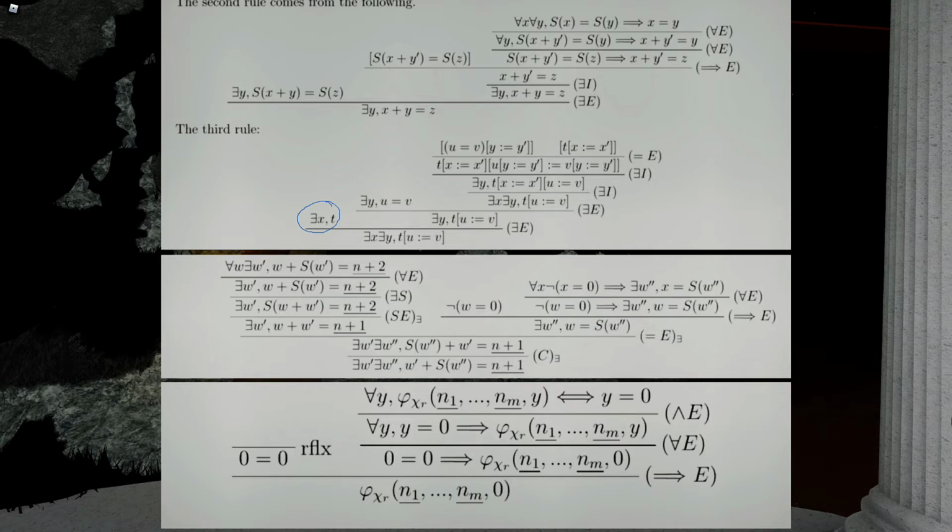Anyway, the existential quantifier in front of the term t, and then all I want to, what am I deriving here? So I'm saying, yeah, I'm saying that if u is equal to v, then I can perform that substitution inside these existential quantifiers.